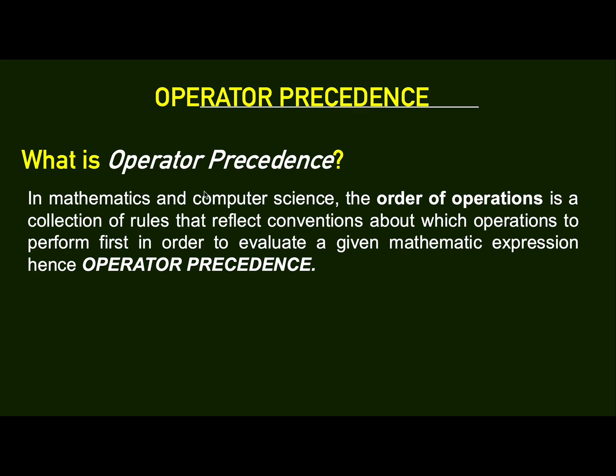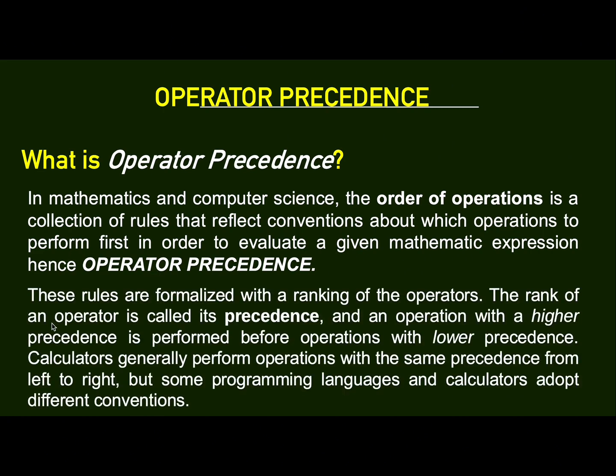In mathematics and computer science, the order of operations is a collection of rules that reflects conventions about which operation to perform first in order to evaluate a given mathematical expression. Hence, operator precedence. These rules are formalized with a ranking of the operators.